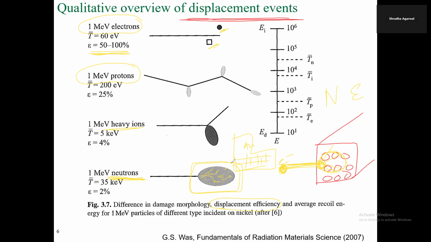But this neutron, with whatever energy it has, could have created and destroyed the entire solid. But its efficiency is only 2% because there is a lot of recombination happening back.